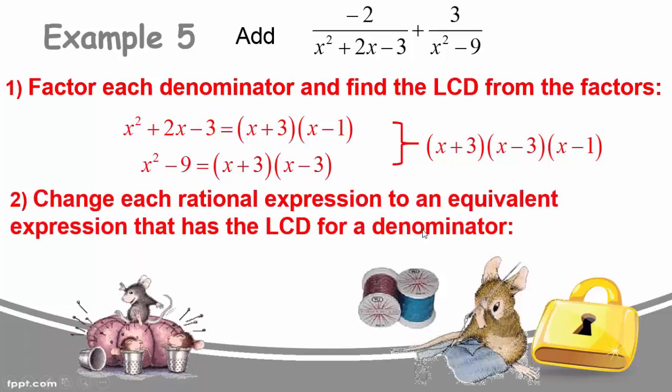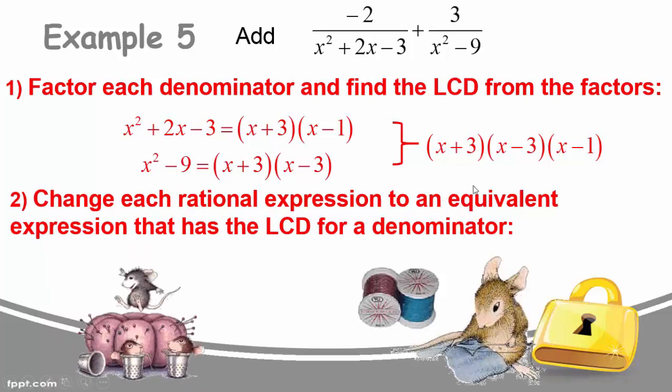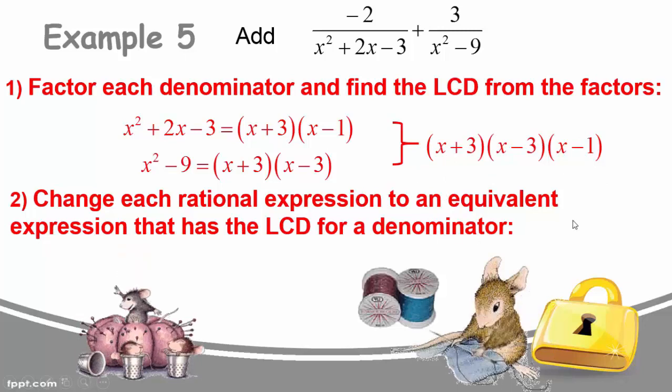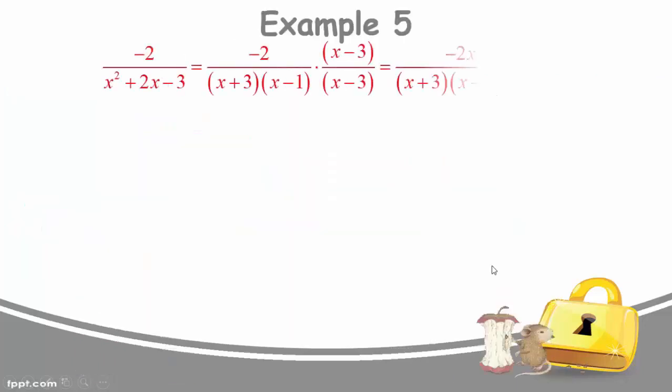Then we want to change each rational expression into an equivalent expression, and we do that by putting this onto the denominator. As you see, this is the denominator, and we have to multiply the numerator by what's missing from the lowest common denominator. In this term, what's missing is the x minus 3, so I take the negative 2 and multiply it by the x minus 3.